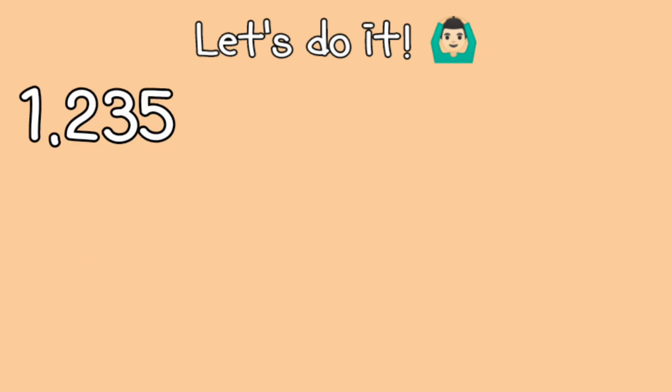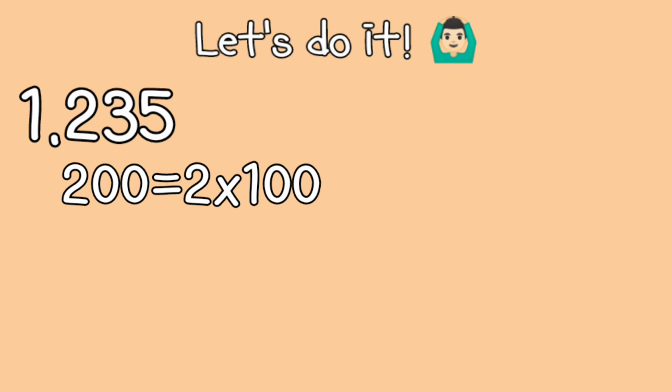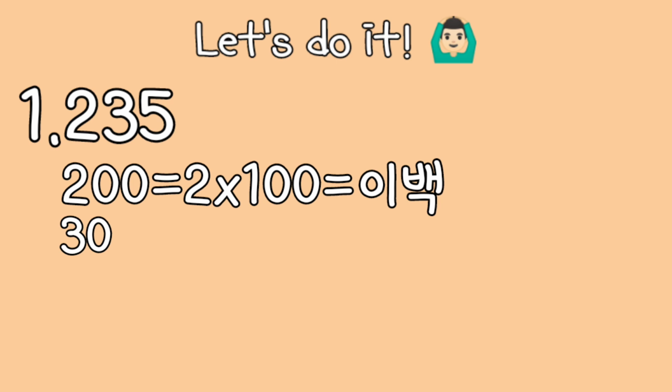Here in number 1, what do you think is the largest number? Okay, so it's 200, which is 2 and 100. In Korean, it's ibek. Plus, the second largest number is 30, which is 3 and 10.